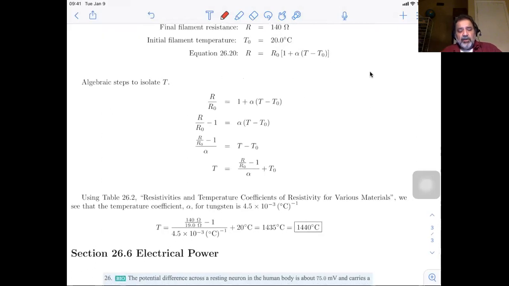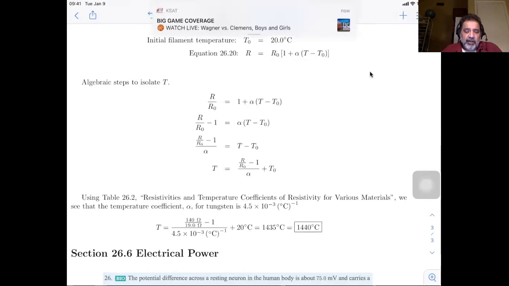So using table 26.2, resistivities and temperature coefficients of resistivity for various materials, we see that the temperature coefficient alpha for tungsten is 4.5 times 10 to the minus 3 inverse degrees centigrade. So let's just plug in the numbers.